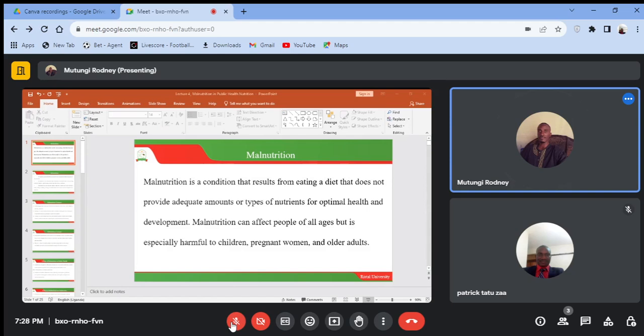Okay, so you need to put in place interventions that can address the two burdens. Okay, so that double burden is, of course, driven by many factors like changes in food systems, the lifestyles, and even the environments that people live in. But also, excessive consumption of energy dense, nutrient poor foods can also be a cause of this double burden.